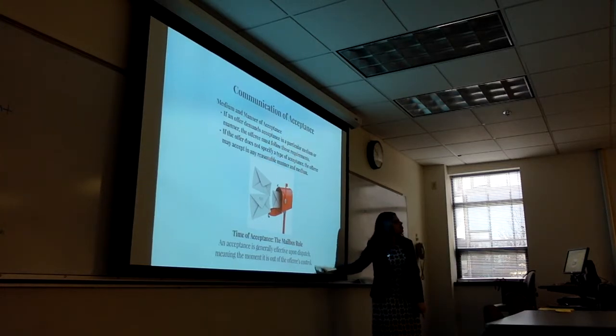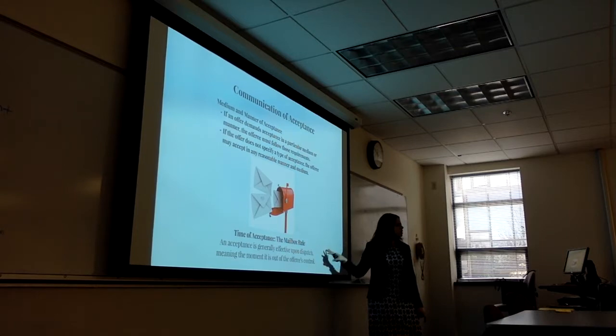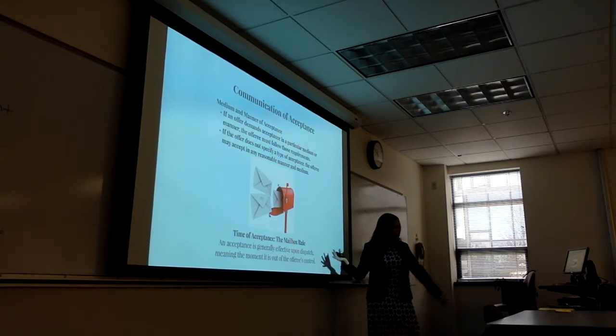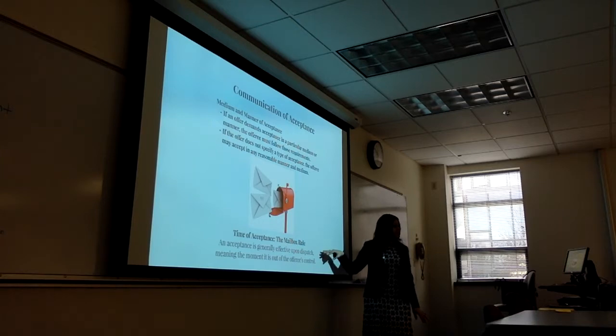This is the big issue when we talk about businesses and when you accept. Is the United States Postal Service known for being quick in delivering mail? Not usually. Sorry to hate on them. In the business field, you'll also normally hear that called snail mail. Anyone ever heard that term before? Snail mail, because it's like really slow to get to you. So that's where this idea of the mailbox rule came into play.